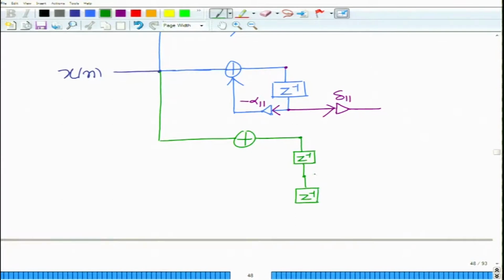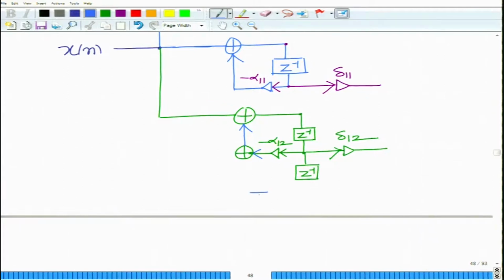So, you have two delays, and then you have delta 1 2, then you have the term minus alpha 1 2 and another adder here, and the output, and therefore, here you have another minus alpha 2 2 and delta 1 2, and this is delta 2 2.